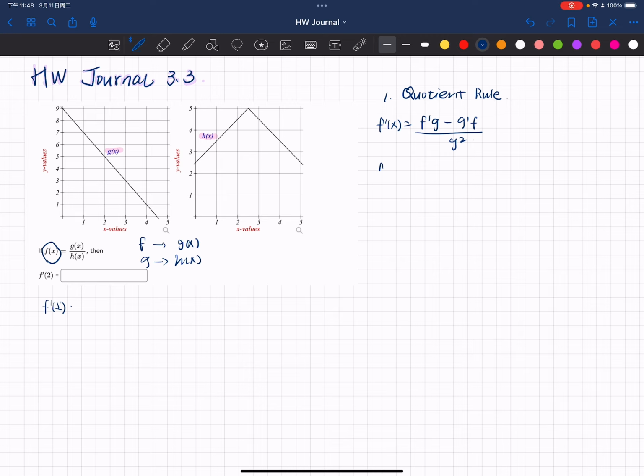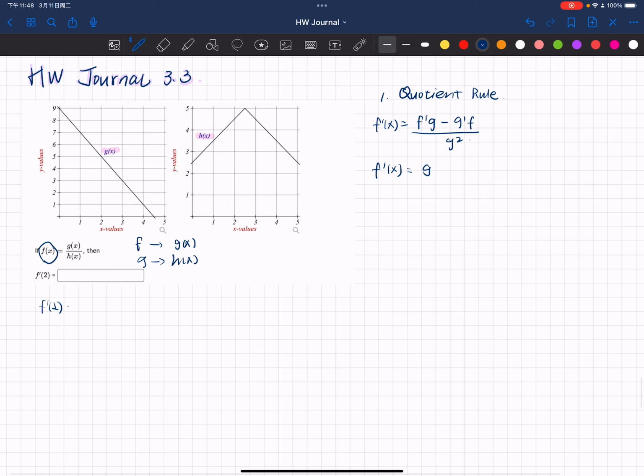So let's rewrite our function as g prime of x times h of x minus h prime of x times g of x over h of x squared.